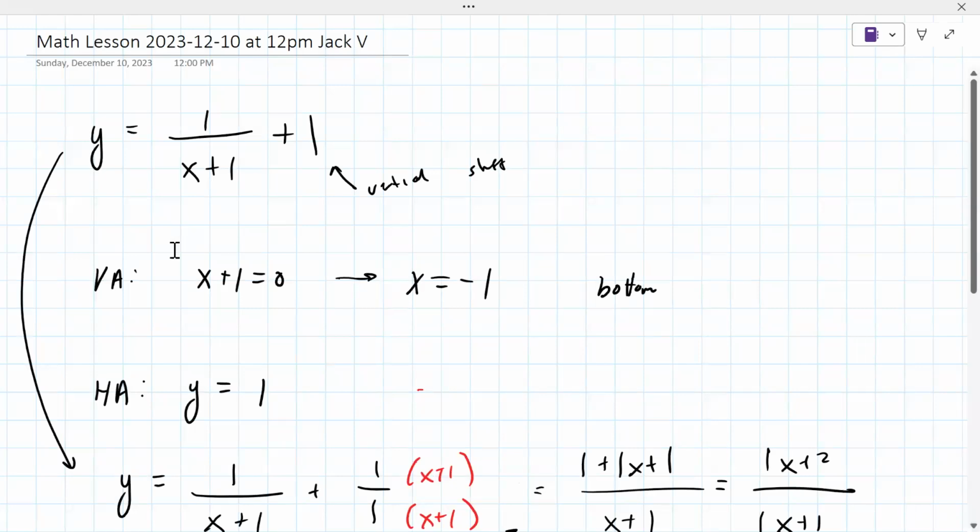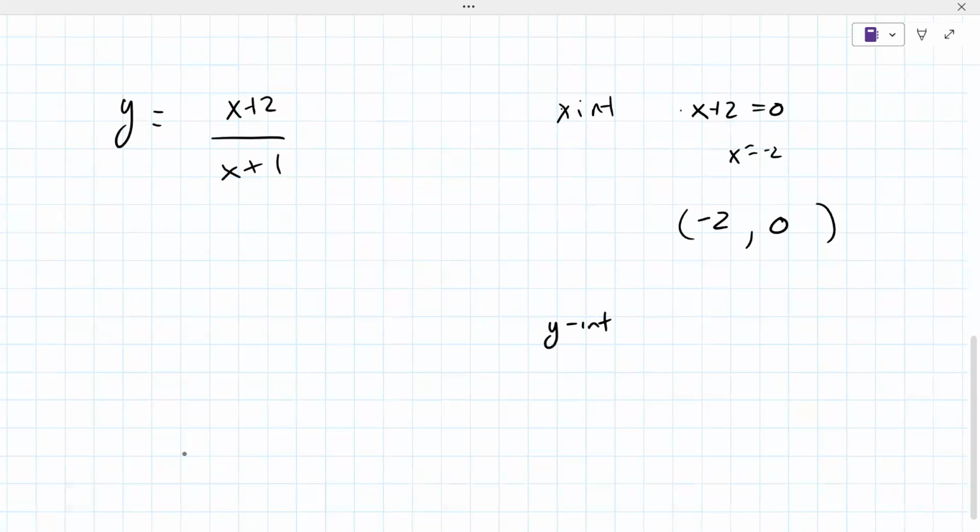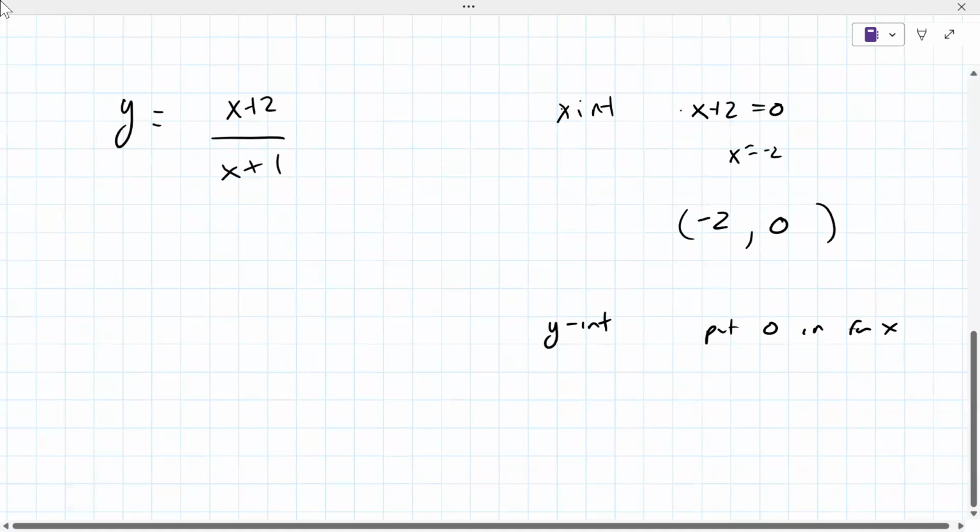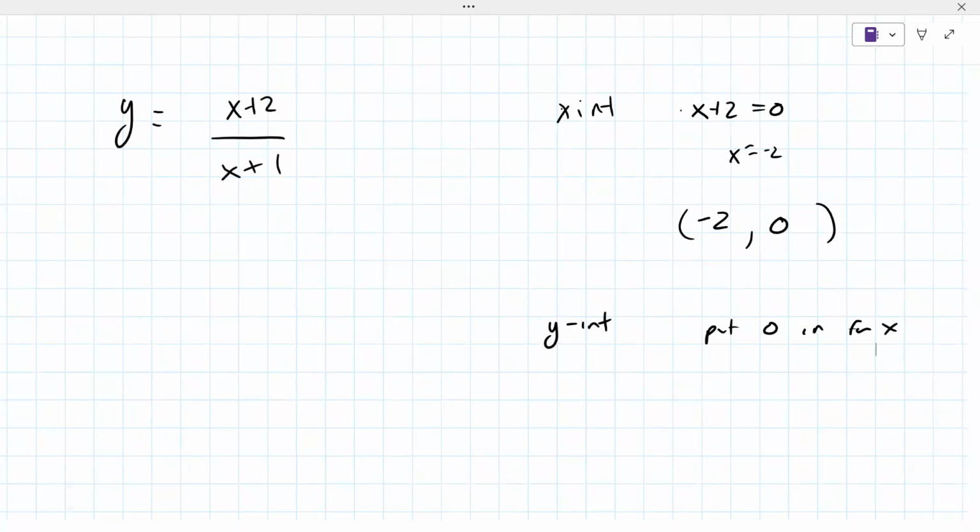You're going to put 0 in for x. Oh, for both. Yep. It'd be just two then, or 0, 2. 0, 2. Good.